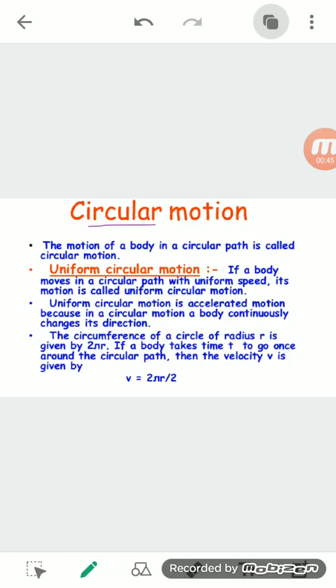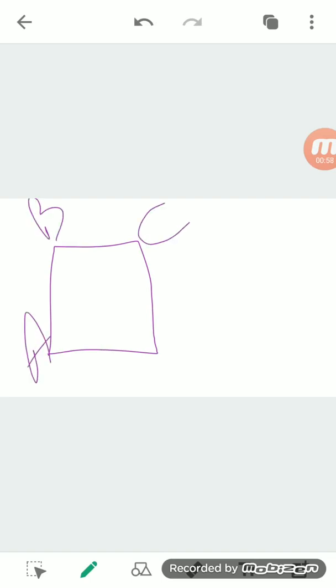So suppose an athlete is running on a square track. Okay, so this is A, this is B, this is C, this is D. The direction is here, then again here, then here, then here. So you see that while running along the square track, which has four sides, the athlete has to change the direction of motion.